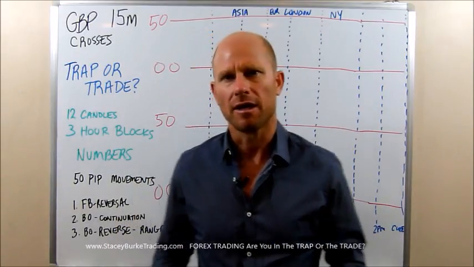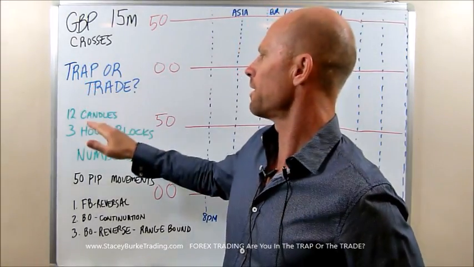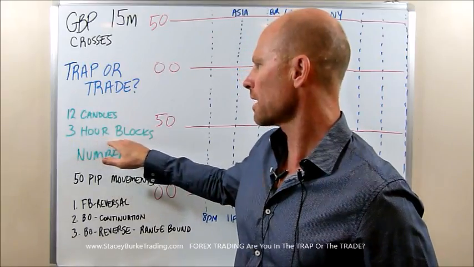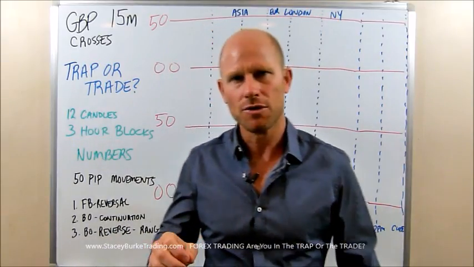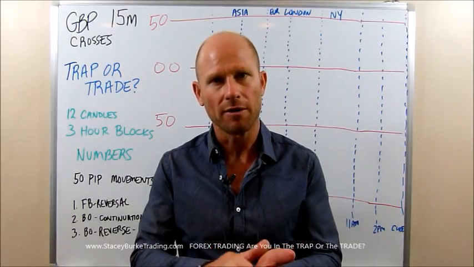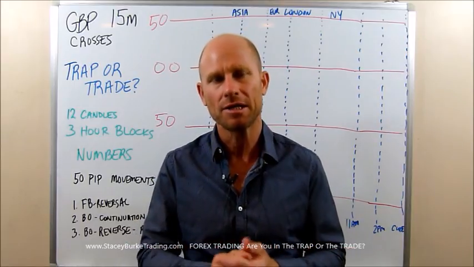Today we're going to talk a bit more in depth about, are you in the trap or the trade? We're going to talk about the 12 candles and 3-hour blocks, how you can use that to identify the movement in the market where potentially there's been a peak formation or a high or a low put in place.